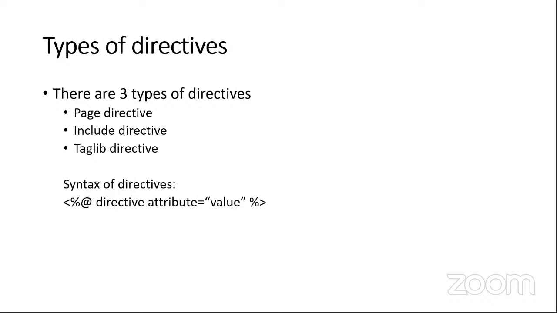And the taglib directive: one usage is that we can create user defined tags with the taglib directive. Another usage is that we can use predefined libraries with the help of the taglib directive.